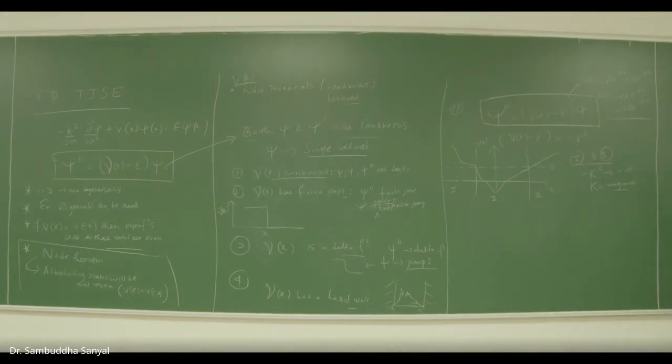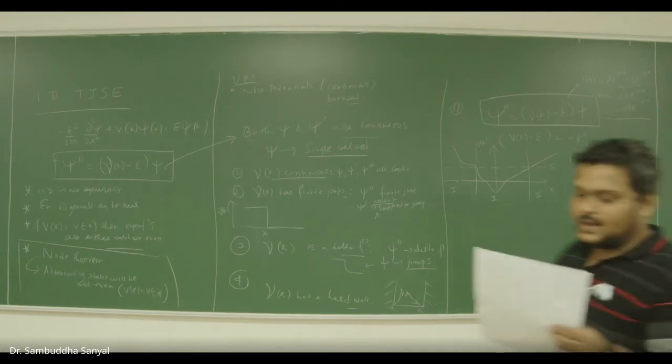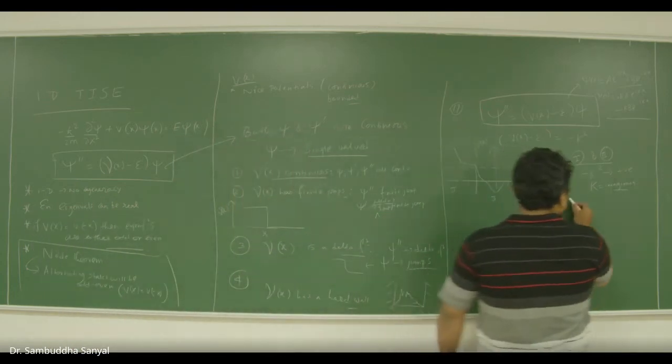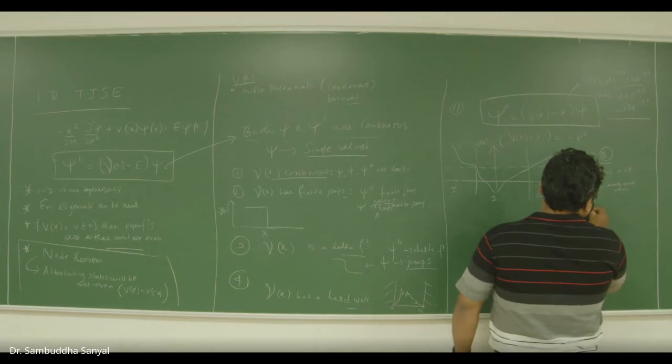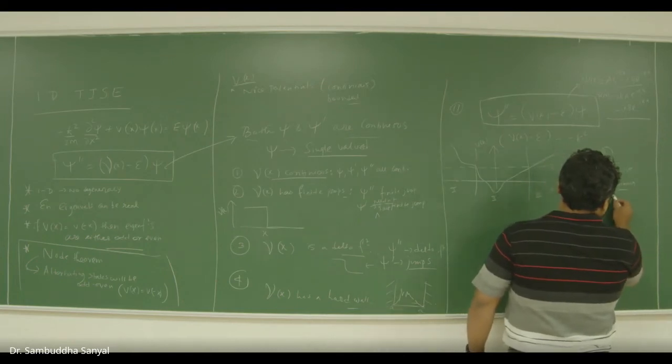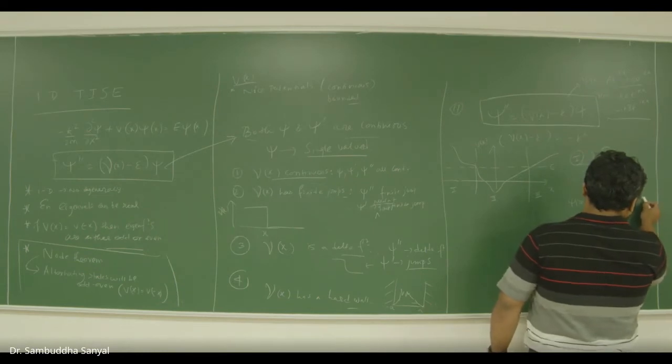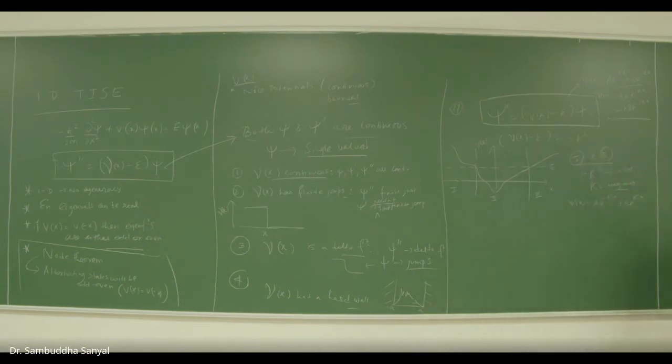So first, regime 1 and 3: in this trial solution, we argued that k or kappa can be imaginary, which means the solution must be of this form, because it will be either an exponentially growing or an exponentially decaying solution.